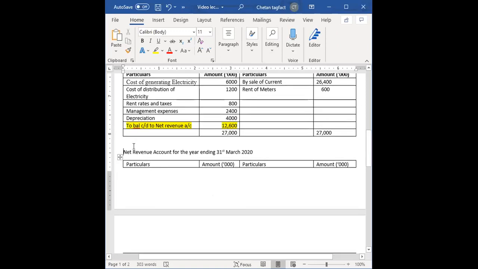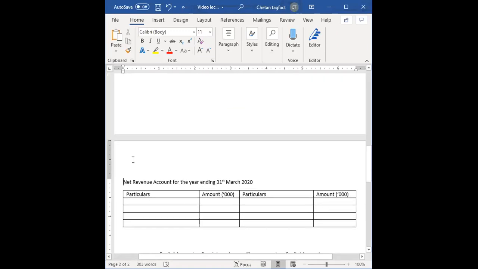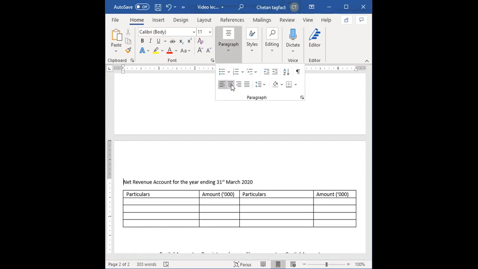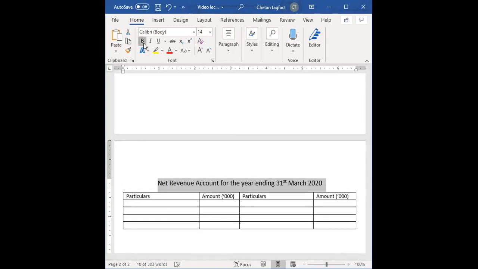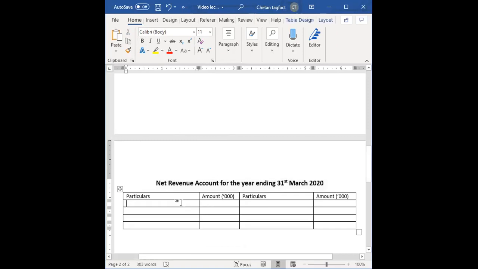So how do we prepare the net revenue account? The net revenue account for the year ending 31st March 2020. Okay, so this is what we are going to calculate now. So what do we take in the net revenue account?